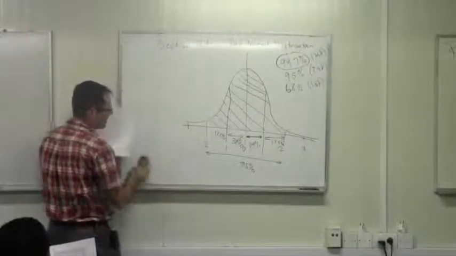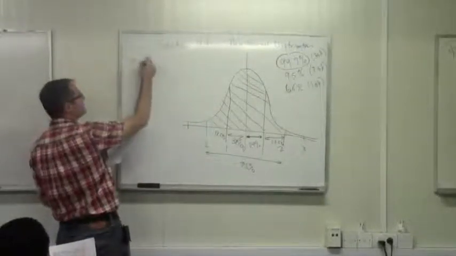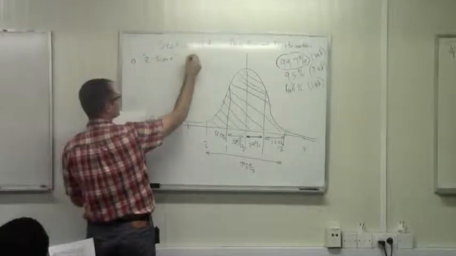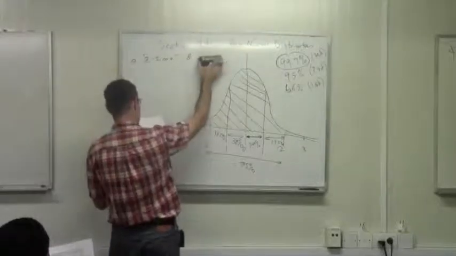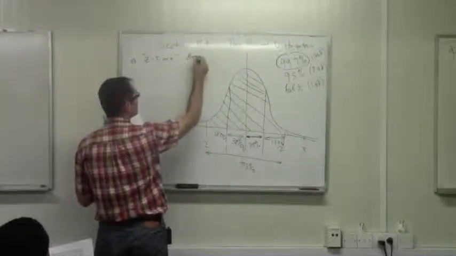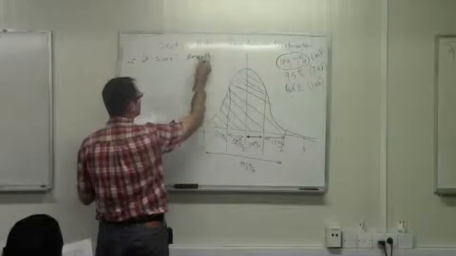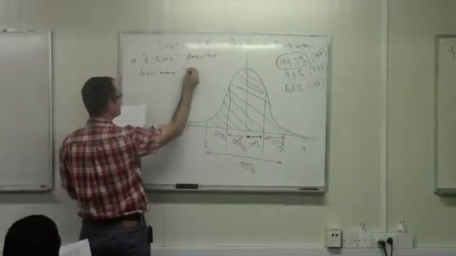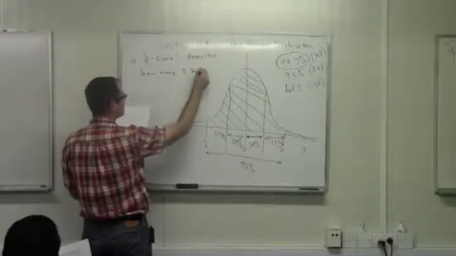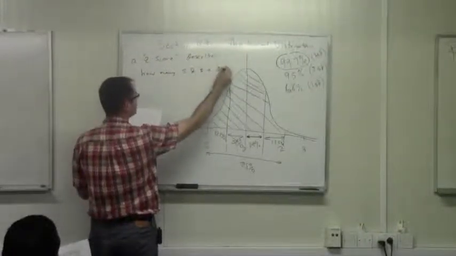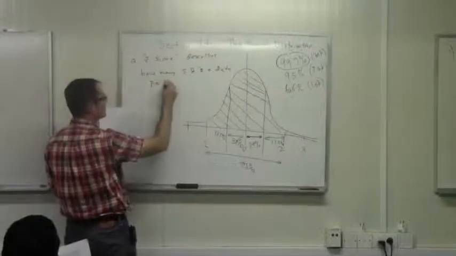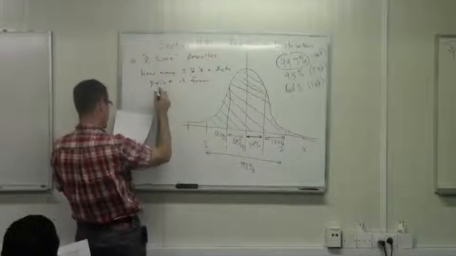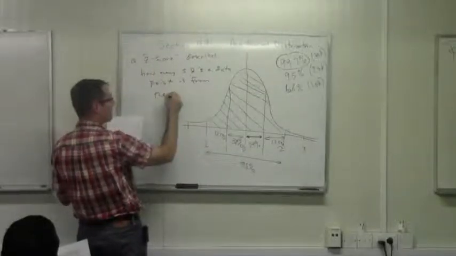So the Z-score describes how many standard deviations a data point is from the mean, either above or below.